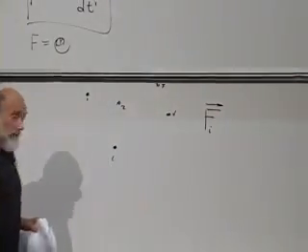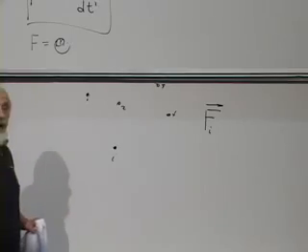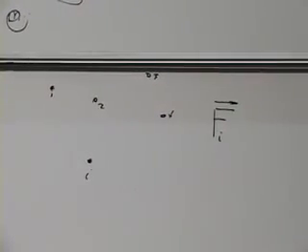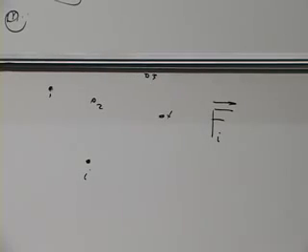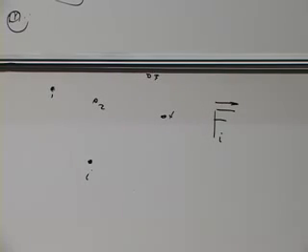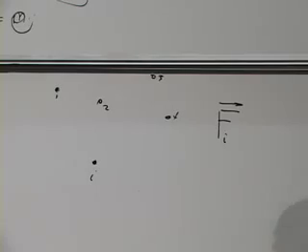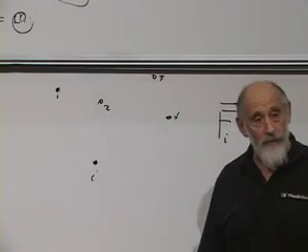It's equal to the sum. Now, this is not an obvious fact that when you have two objects exerting a force on a third, the force is necessarily equal to the sum of the two forces. But it is a fact anyway. Obvious or not obvious, it is a fact.